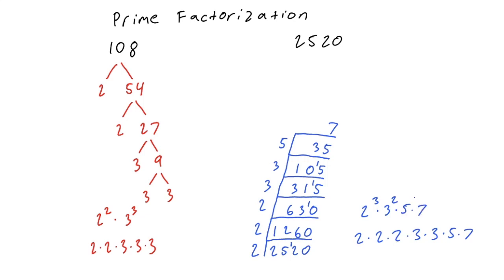These are technically to the 1, but we don't have to put the 1. So this is our answer, and for the other one, this is our answer. Essentially, depending on the teacher, you could have them want the written out method without exponents, or they might want it with exponents.